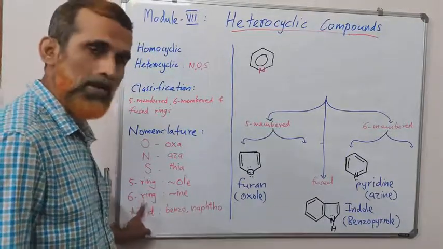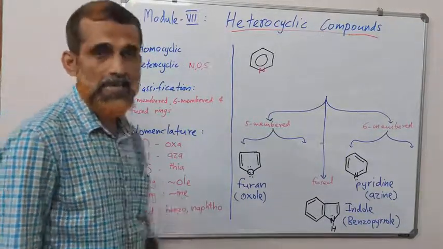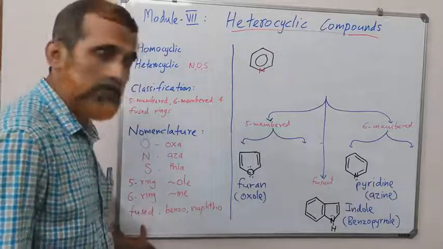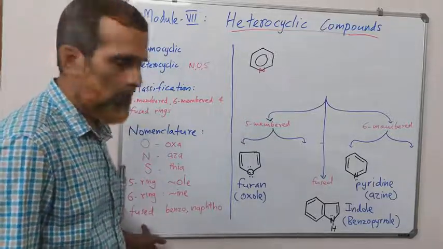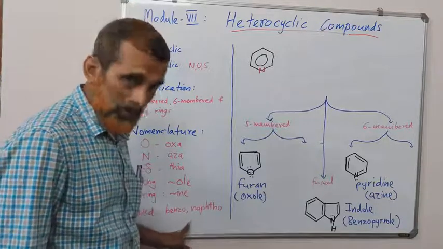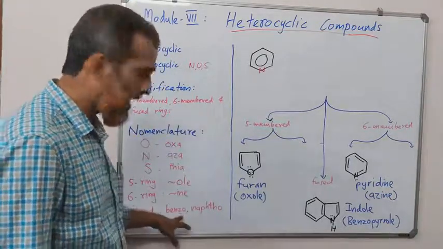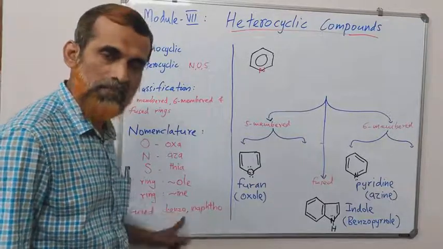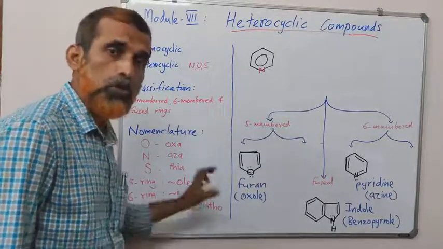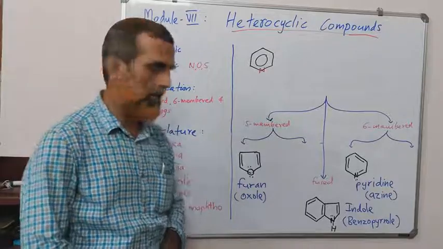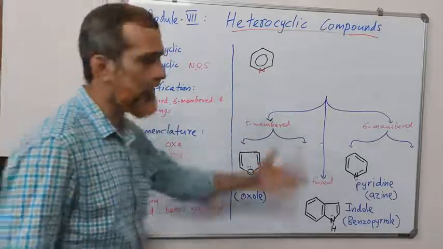When it is a 6-membered ring, it is I-N-E. And for a fused system, we prefix the ring like benzene or naphthalene as benzo or naphtho to the parent name. Keep this in mind while going to examples.